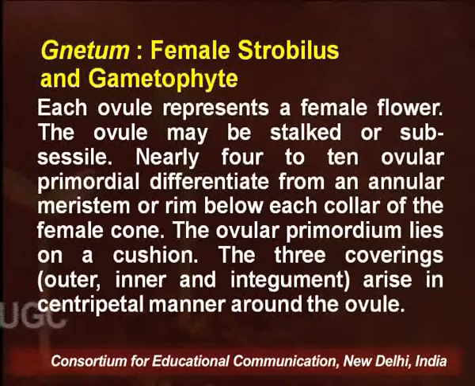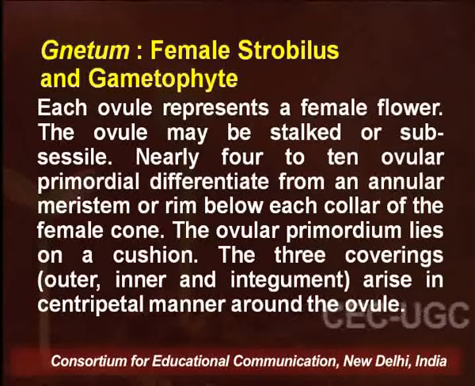The three coverings, the outer covering, the middle covering and the inner integument, arise in a centripetal manner around the ovule. Of the three envelopes, the outer one differentiates first, often called the perianth. This envelope gets thickened and somewhat succulent at maturity. The perianth has its own vascular supply. The outer epidermis shows stomata also.